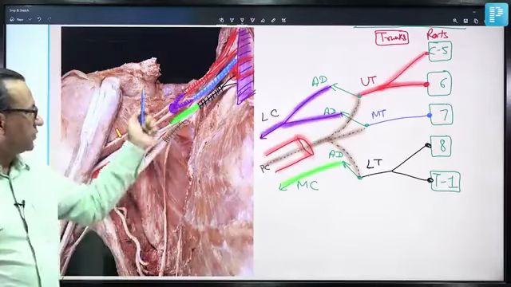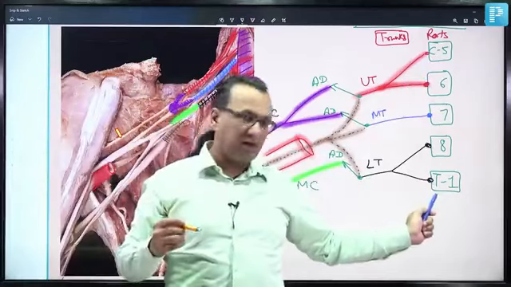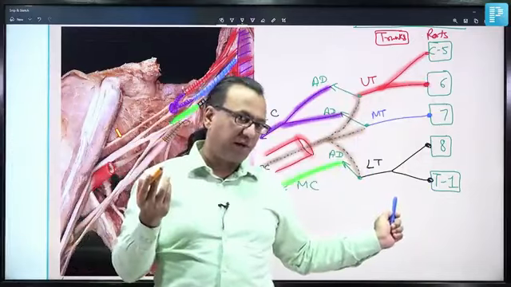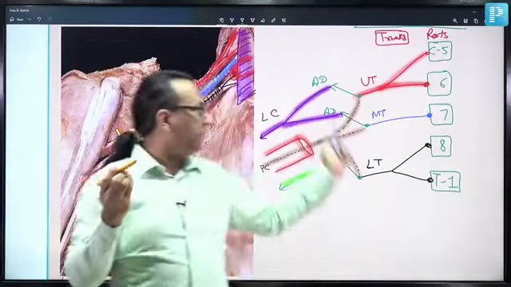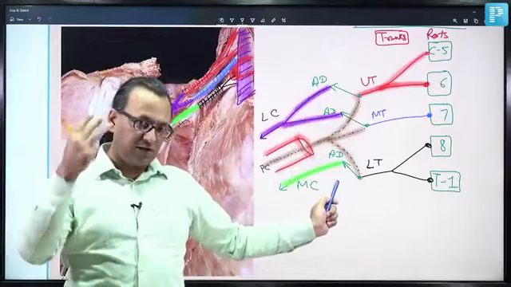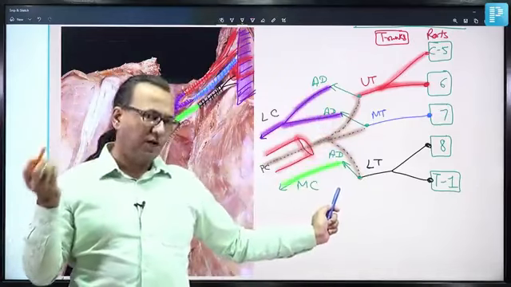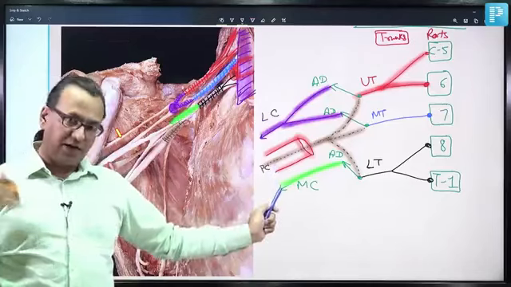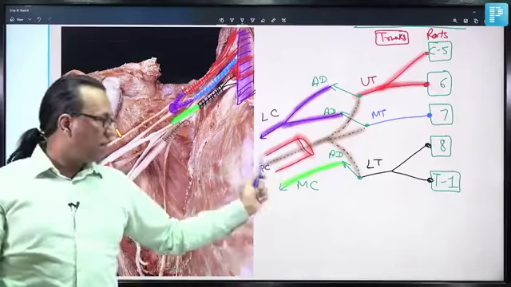Okay, so let us quickly revise here. How many roots do we have? We have 5 roots of brachial plexus in the neck region. How many trunks do we have? We have 3 trunks in the neck region: upper, middle, lower trunk. And how many divisions? We have 6 divisions, 3 anterior and 3 posterior, passing behind the clavicle bone. And how many cords do we have? 3 cords of brachial plexus, named according to their relation with the axillary artery: lateral to the artery, medial to the artery, or behind the artery.